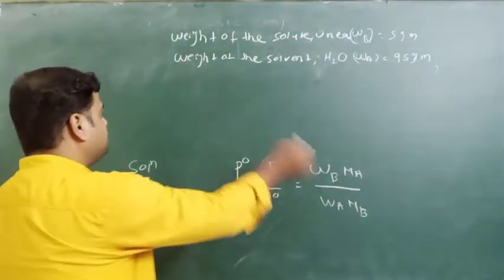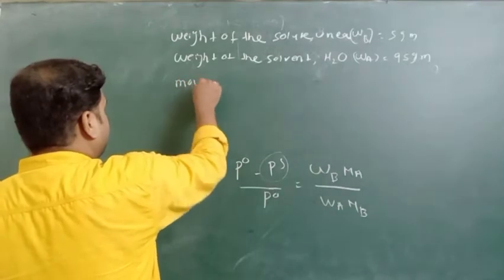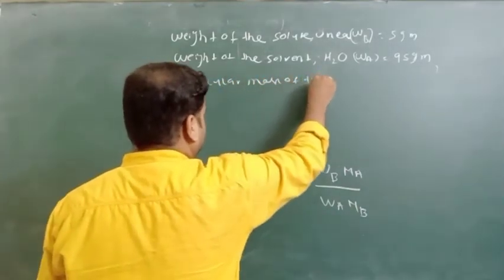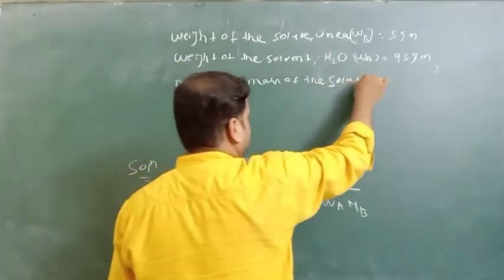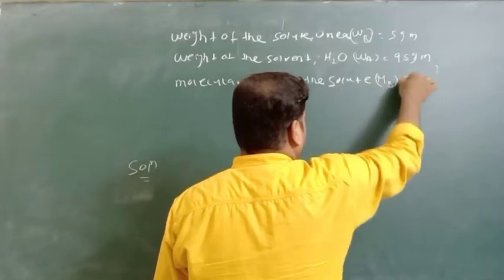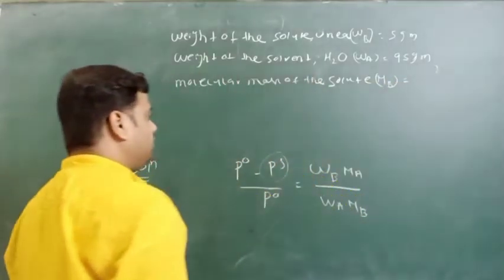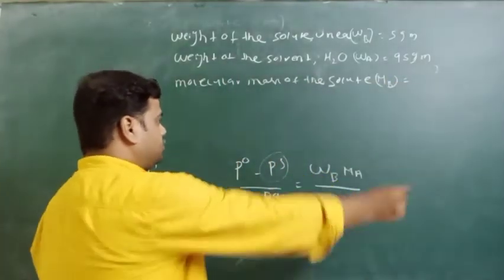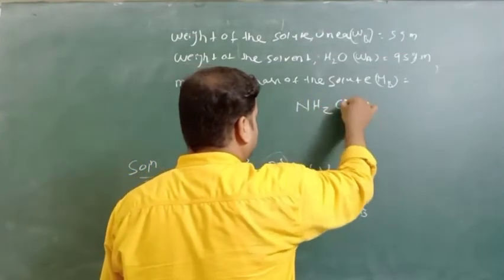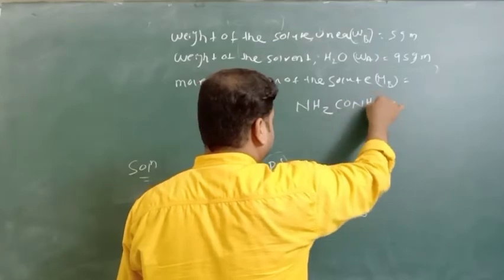Now the molecular mass of the solute, MB. Here the solute is urea, with the chemical formula NH2CONH2.